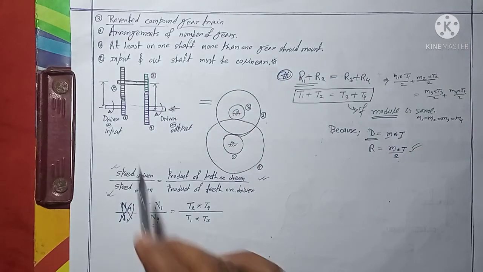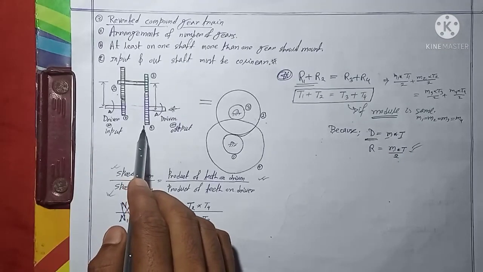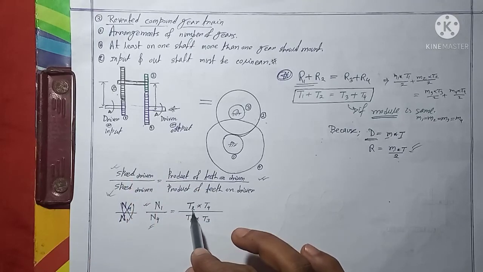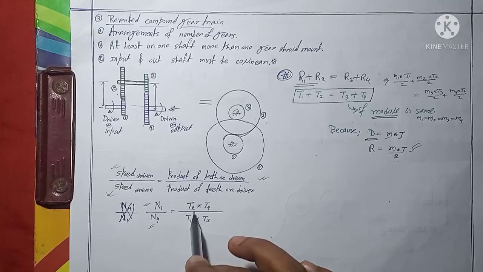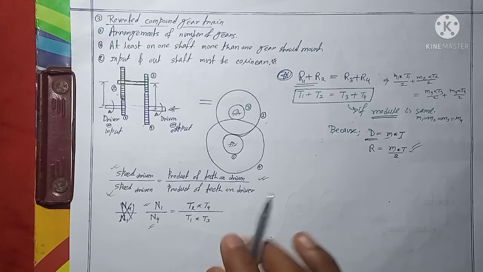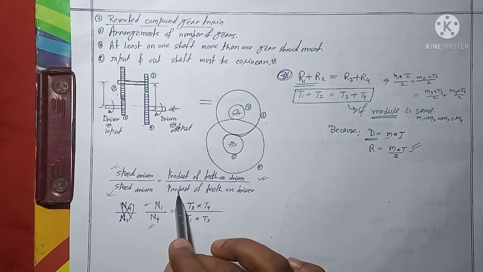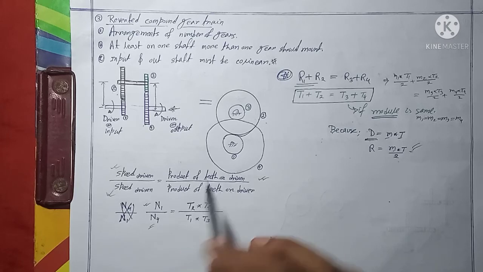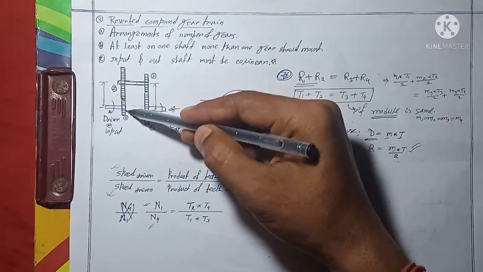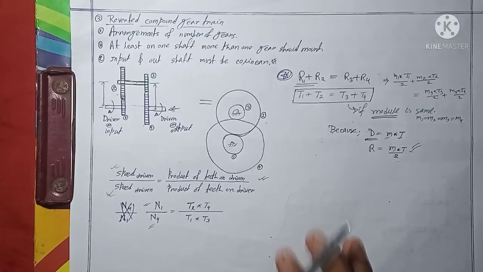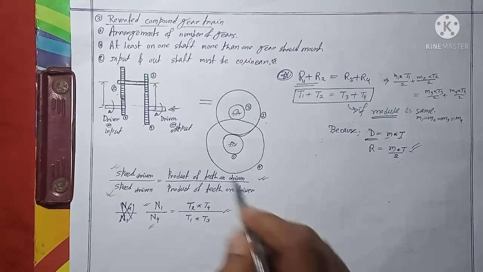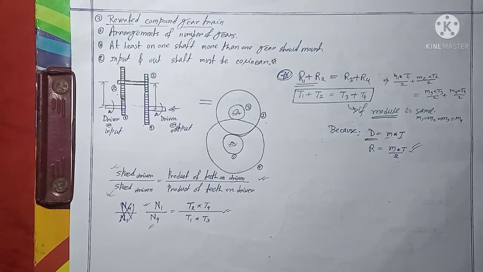So ultimately gear 2 and gear 4 are both driven. Here I multiplied the teeth of gear 2 and gear 4, represented by T2 and T4 respectively. Similarly, the product of teeth on driver is the product of teeth on gear 1 and gear 3, T1 and T3. I hope the explanation is understood by all of you. So this is all about the reverted compound gear train.